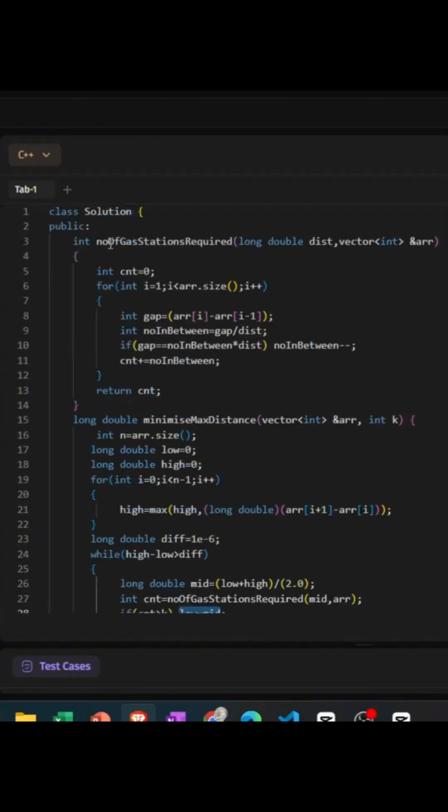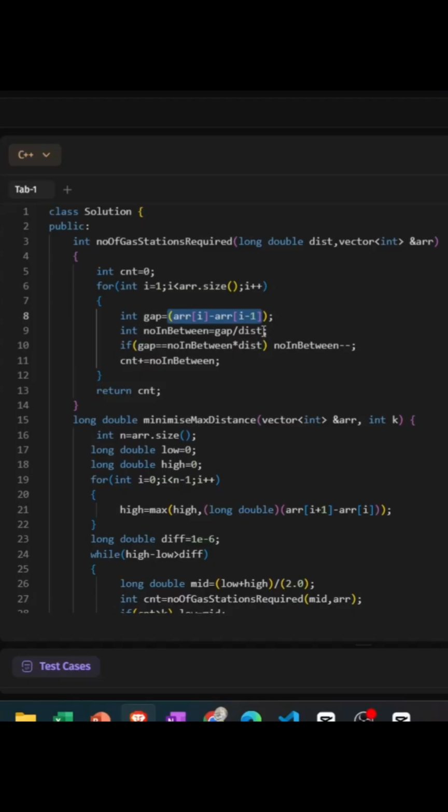So in this number of gas stations required function, we are giving the parameters as distance and array. So first we are going to declare count as 0, and using a for loop we are first going to find the gap. Gap will be the current element minus its previous element. So we are starting from 1, so it will be array of 1 minus array of 0, and the number of stations we can place in between them is the gap divided by the distance.